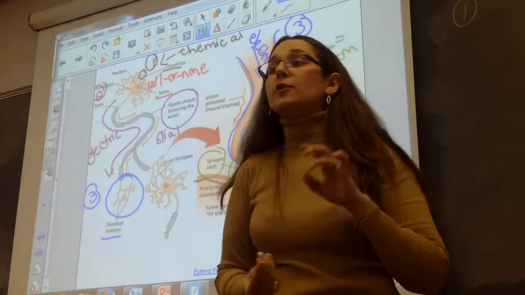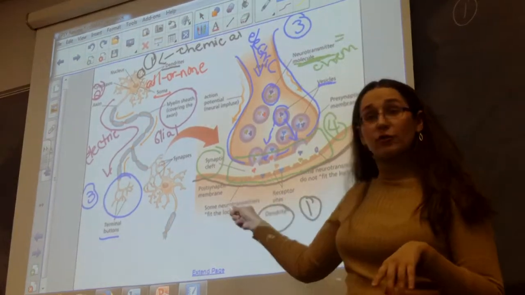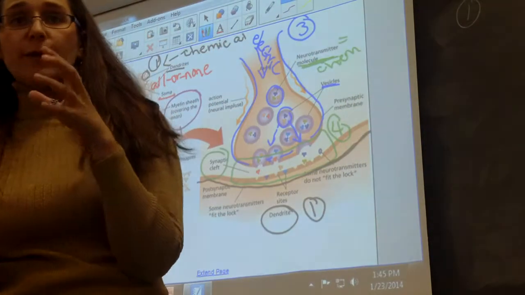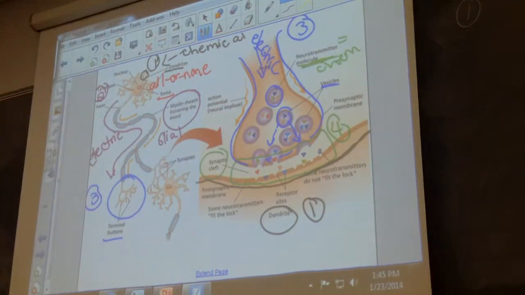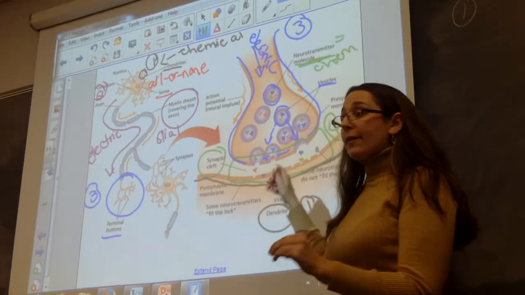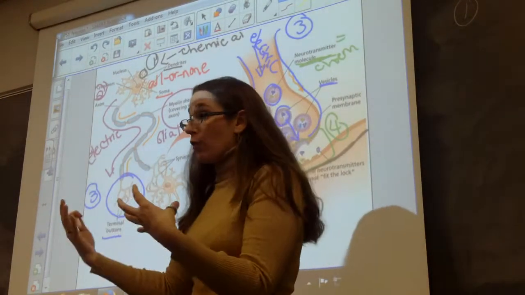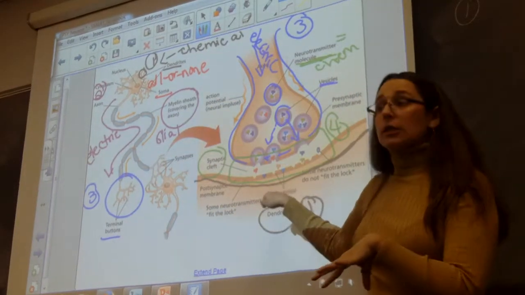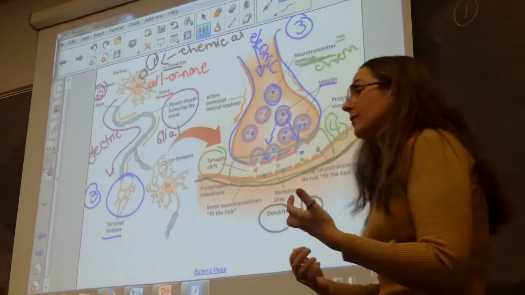So the one thing that they can do is they can connect to another dendrite, and they're like keys. So each neurotransmitter has its own shape, and the dendrites on the other side have little spaces. And those spaces only accept certain neurotransmitters. So one thing is that the neurotransmitter can essentially fit into a receptor site on another dendrite.